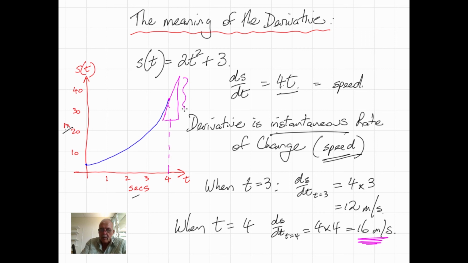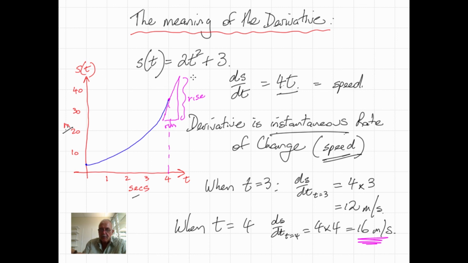So that rise divided by that run would be equal to 16 at that point. At t equals 3, rise over run would be equal to 12, and so on. So there is a meaning and an application of the derivative.